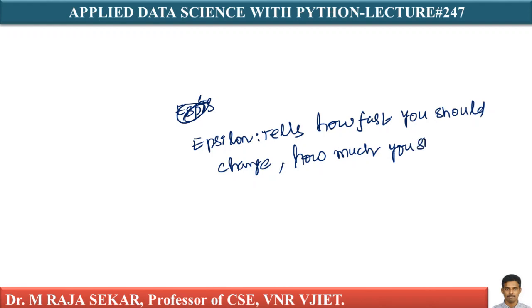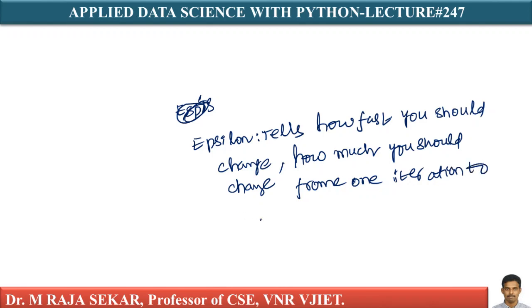How much you should change. How fast you must change and how much you should change from one iteration to another. Simply I can say, as epsilon increases, with a small number of iterations, you will get the solution.